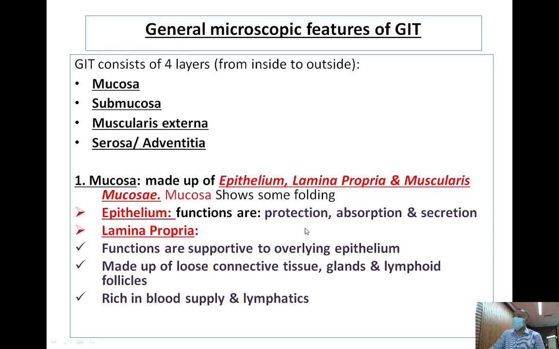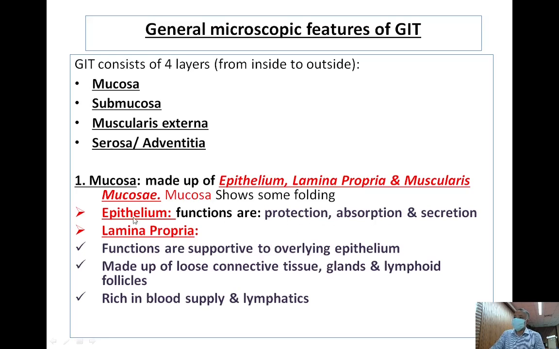Then there is absorption, because the small intestine and the large intestine absorb. Then secretion: in the stomach and small intestine, the enzymes and juices are secreted by the epithelial cells. So the functions are protection, absorption, and secretion.